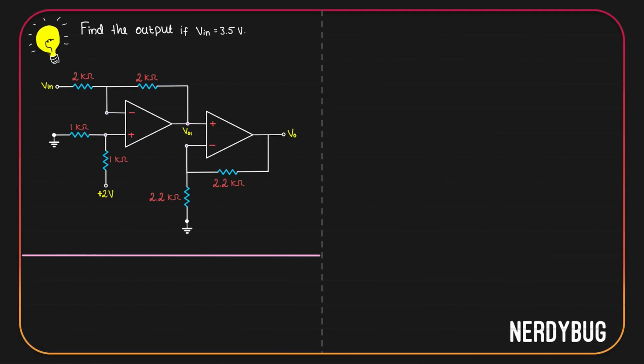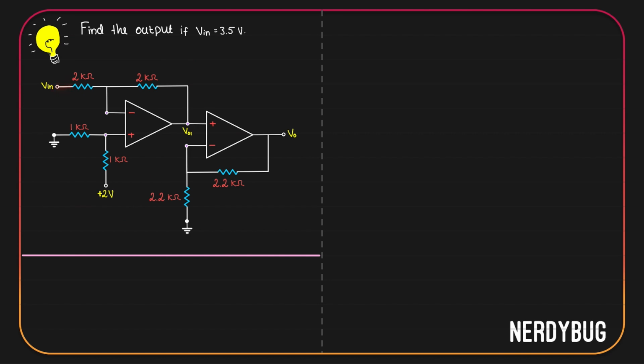Let us solve another problem. We have a circuit with two op-amps, and we have to find out the output if input is 3.5 volt. This might look like a complicated circuit, but if you take a closer look, you can see the first stage is nothing but a differential amplifier.